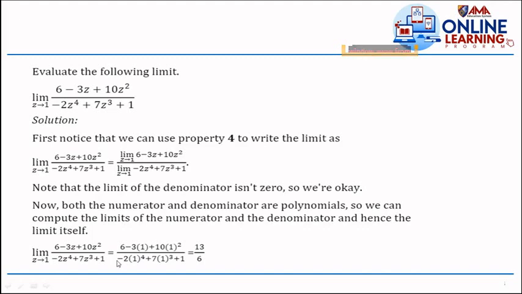So, negative 2 is negative 2. Okay. 1 raised to 3, 1 times 1 times 1, 1 pa rin siya. We have 7. Okay? So, negative 2 plus 7 is 5 plus 1, that's what? We have 6. So, the answer is 13 all over 6.